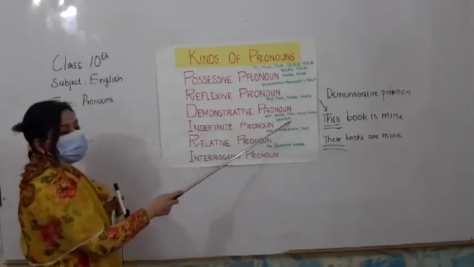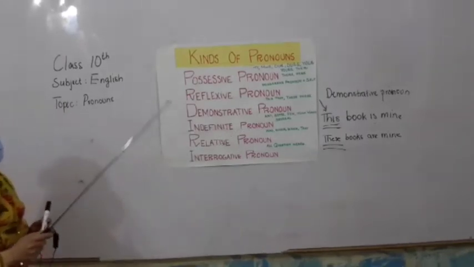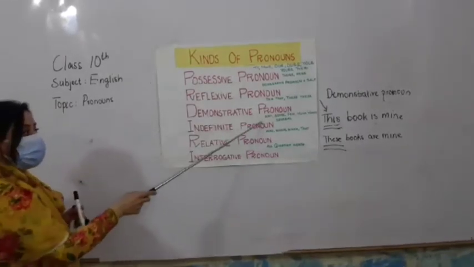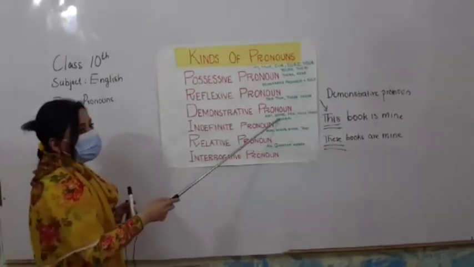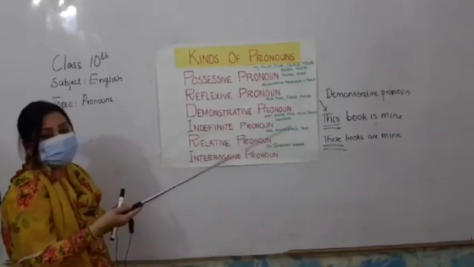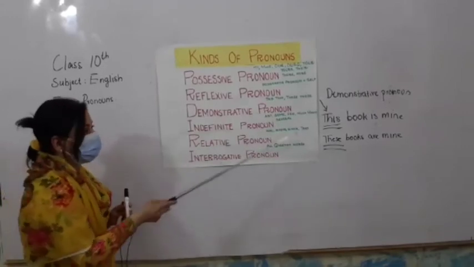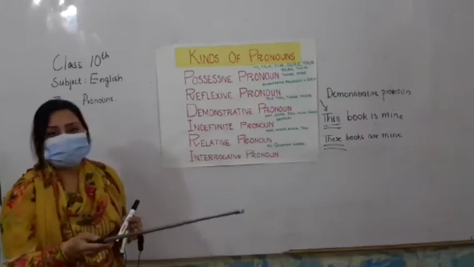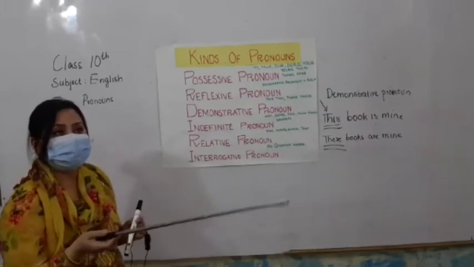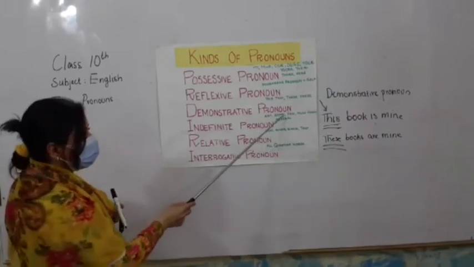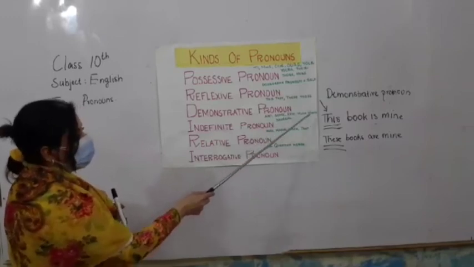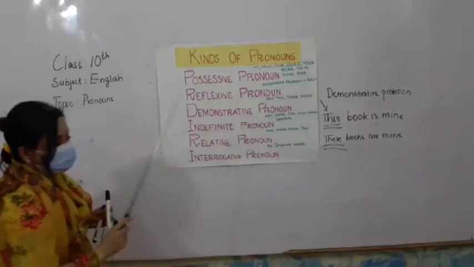None of these words show how much of something is being used. Any could be anything. Some could be 1 liter, 2 liters, 3 liters. We don't know. Then few, we don't know the count of people. It could be 10 people, it could be many people, but we don't know the count. The same goes for the rest of the indefinite pronouns.